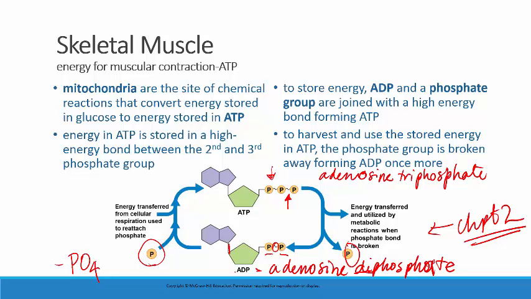So ATP is a super important molecule in the body because it's how we briefly store the energy we're releasing from glucose. We're constantly making ATP in our cells, breaking down glucose, putting the energy into ATP molecules, and then harvesting that energy shortly afterward to run cellular processes, producing ADP once more.